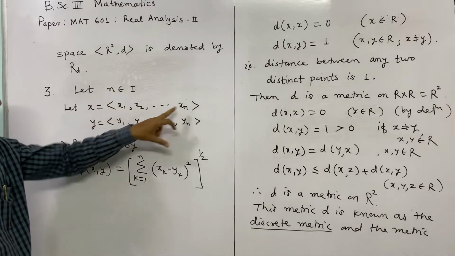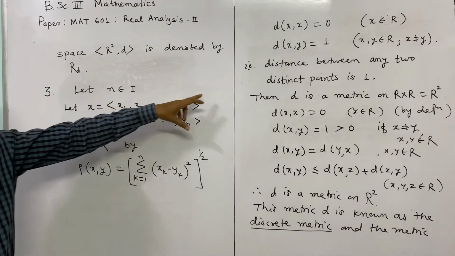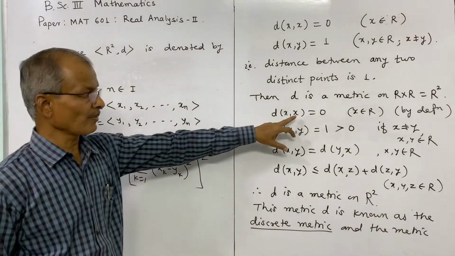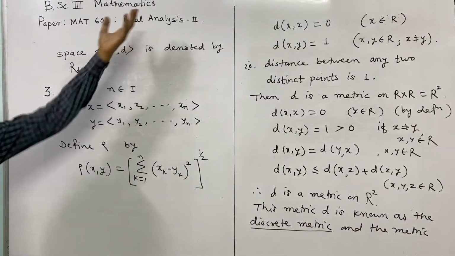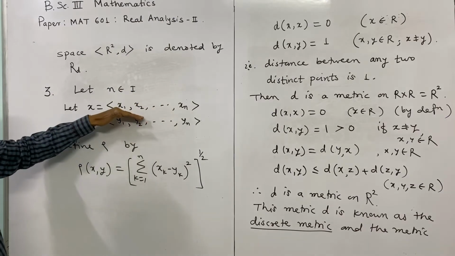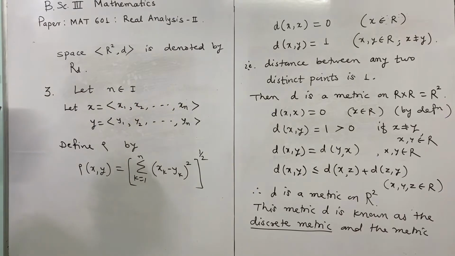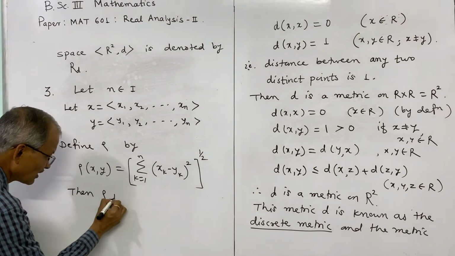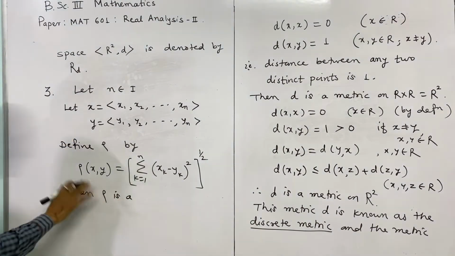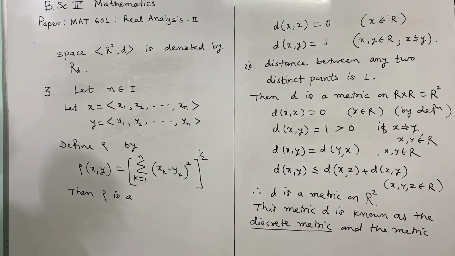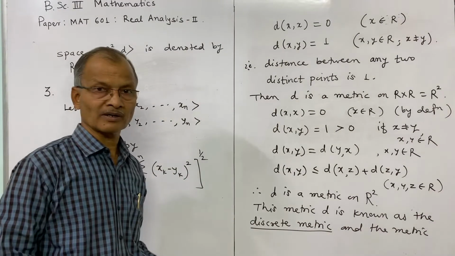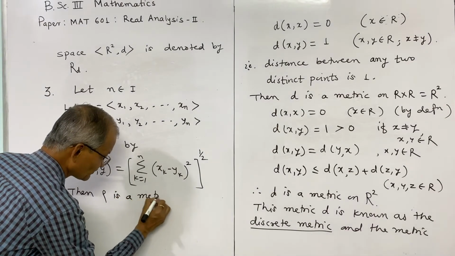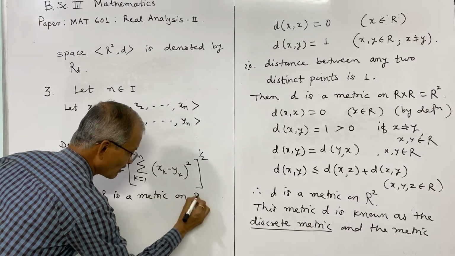This has n components, so therefore this will belong to Rn. Earlier we considered an ordered pair belonging to R2, a triplet belonging to R3, and this has n components belonging to Rn. Then rho is a metric. This rho is defined in this particular example; we are defining rho differently for different examples. Then rho is a metric on Rn.